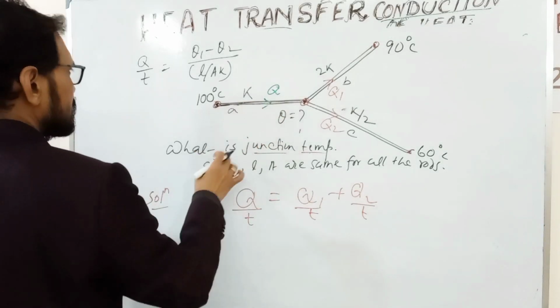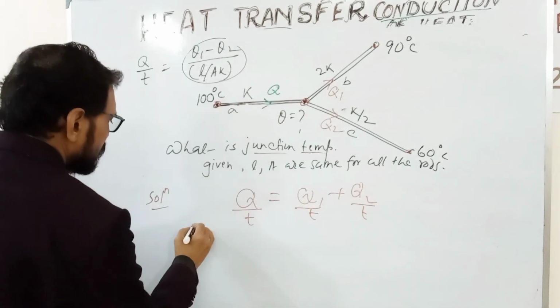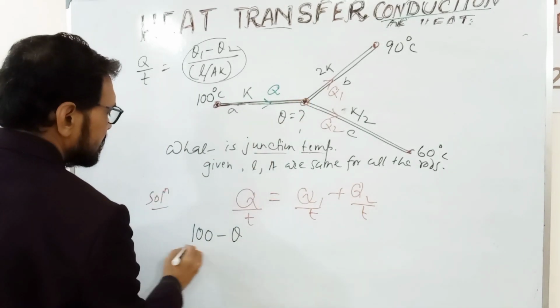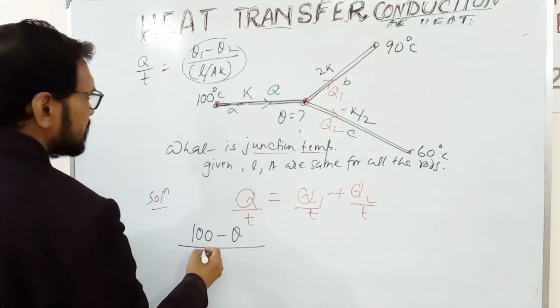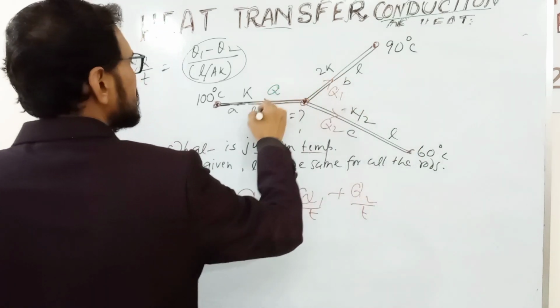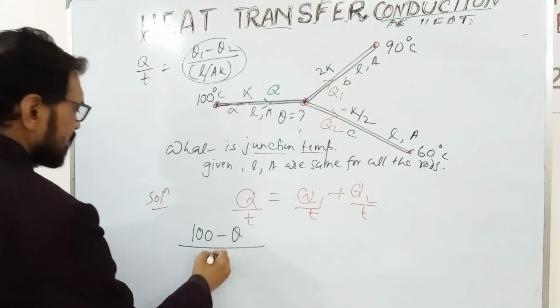So if we apply this formula here, what is the formula? The formula is 100 minus this temperature, say theta, divided by L by AK. This length L, area also same, so L by AK.